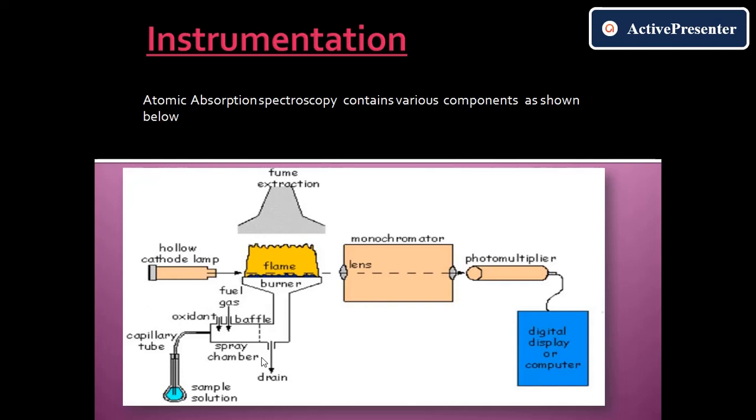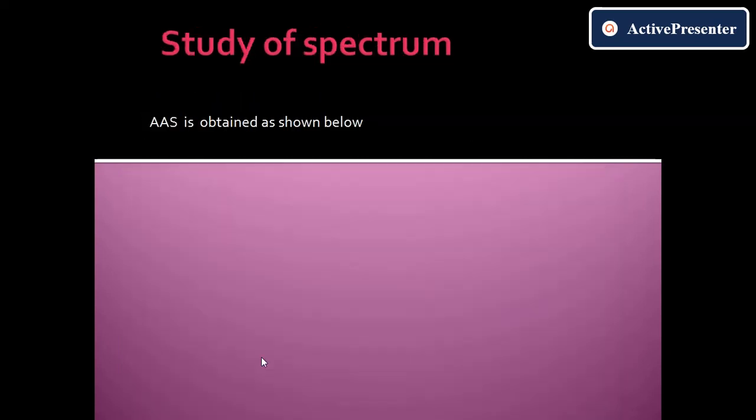Then it is amplified by the amplifier, and then the readout system, which can be a digital display, a computer, a graph, or a CRO, the cathode ray oscilloscope. There the displacement is directly proportional to the input voltage.